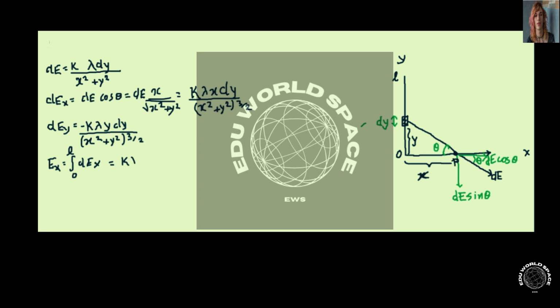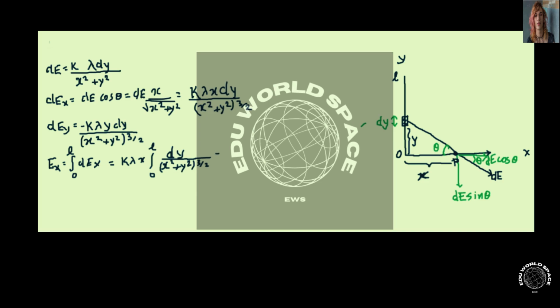That becomes k lambda x outside, and the integration from 0 to L of x squared plus y squared to the power 3 by 2, with respect to dy, right?